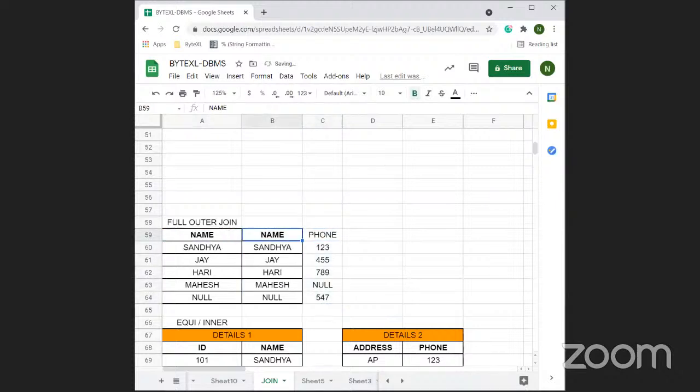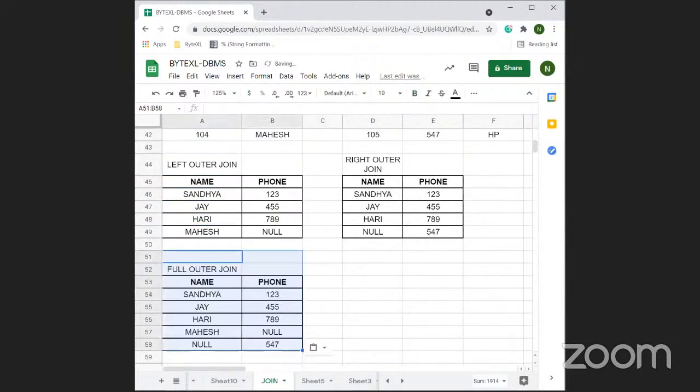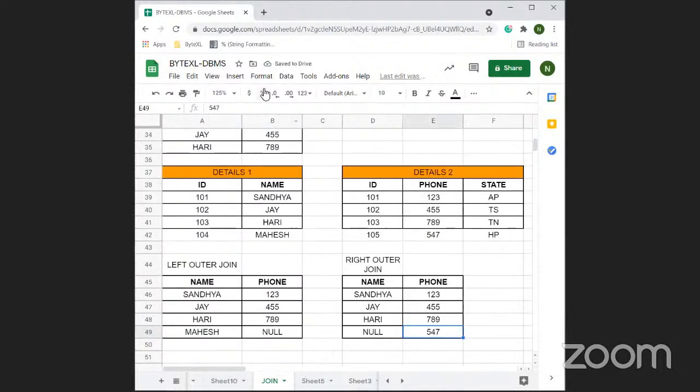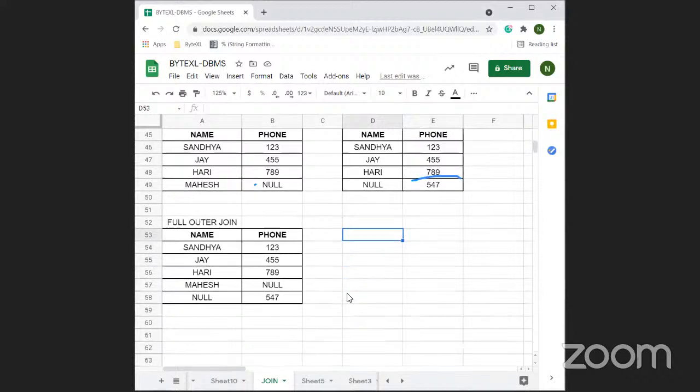Then their respective phone numbers will also be taken. To show you the tables all at a time, here is the data. What are the columns I am selecting? Only name and phone number. So a table will be created with both name and phone numbers.